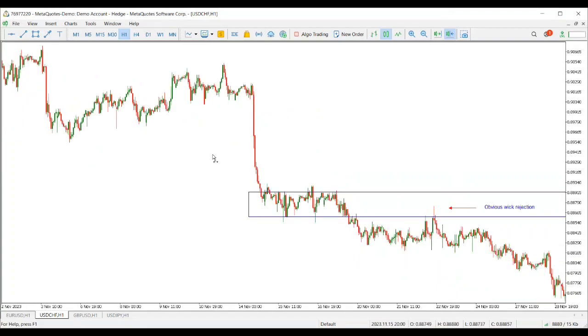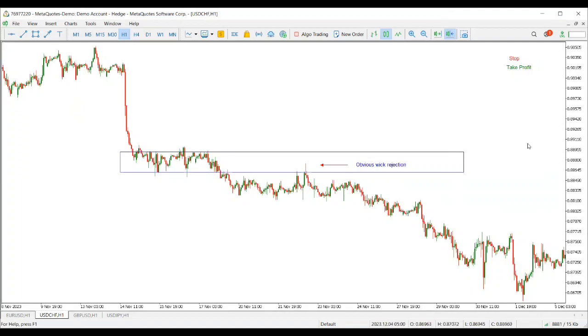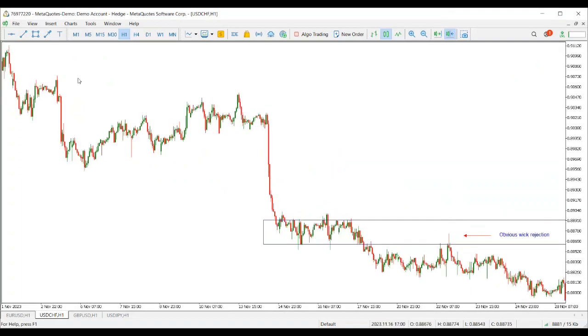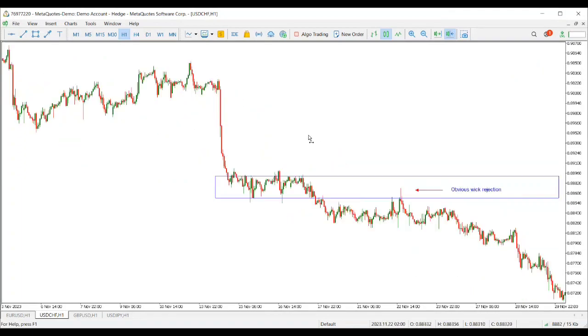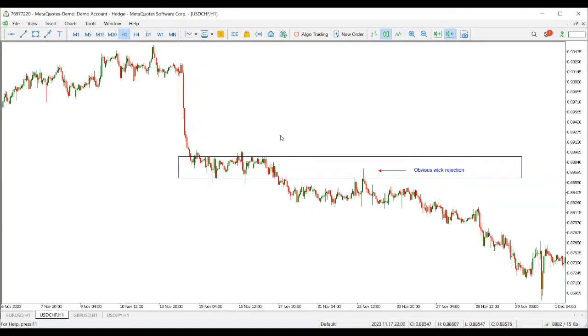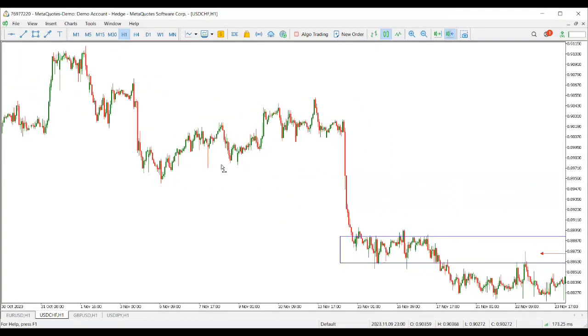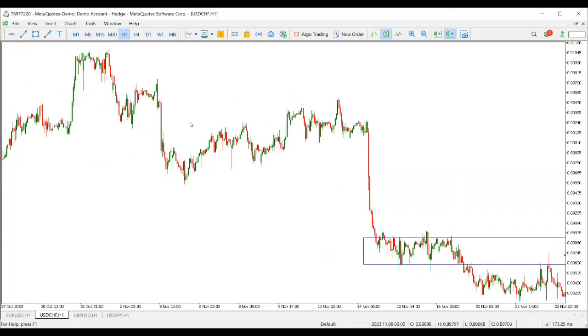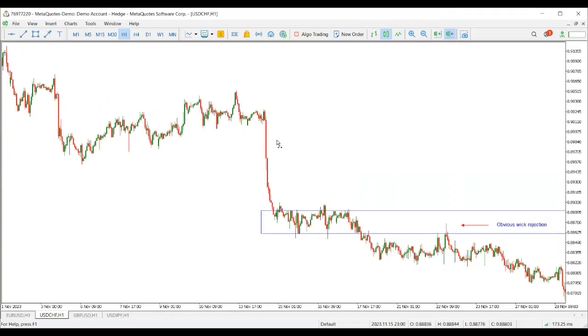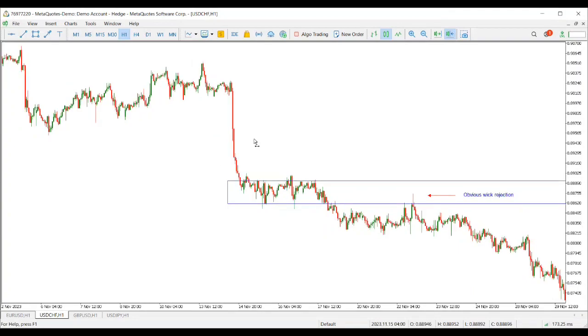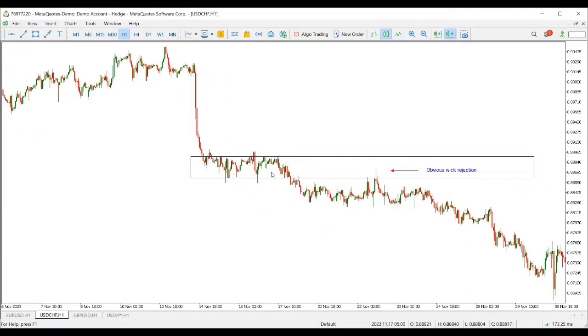Okay, now I want to consider this in a bearish market. As you can see, this is a bearish market. I told you that one of the factors you should consider is the trend. The major trend is very important. If you look at this chart, the market has been trending downward for quite some days. I told us the first factor, the trend, as you can see, is with the trend.